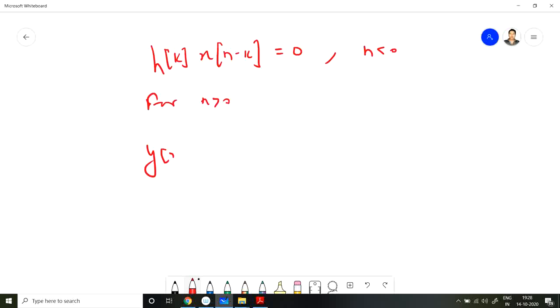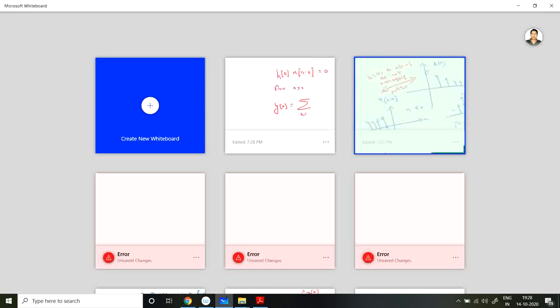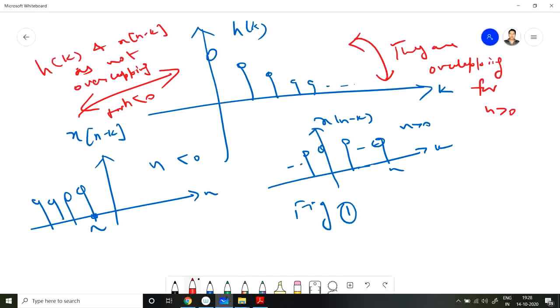And for n greater than 0, y[n] is nothing but the summation over k. If we see the graph here, we can find the overlapping range of k. This is k equals 0, k equals 1, k equals 2, and so on, up to n.